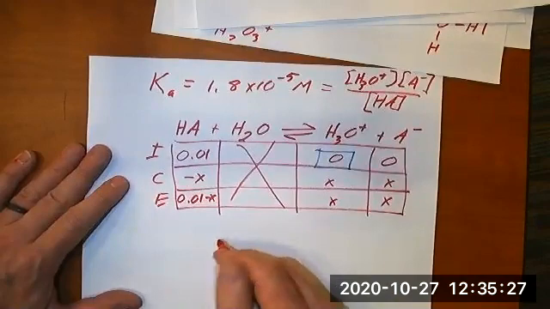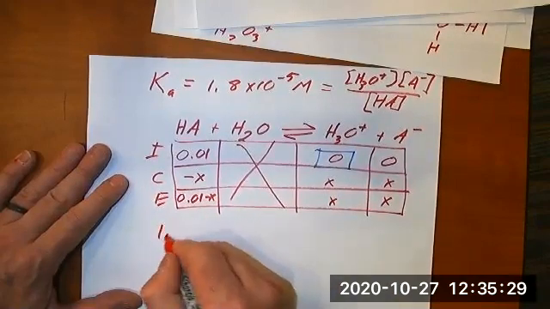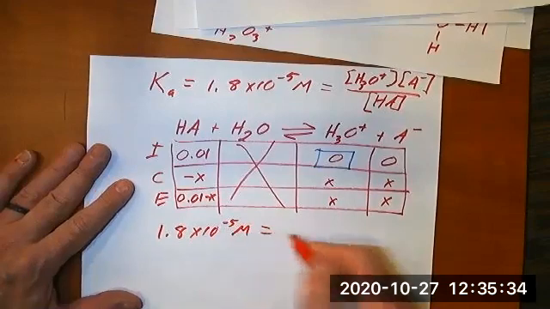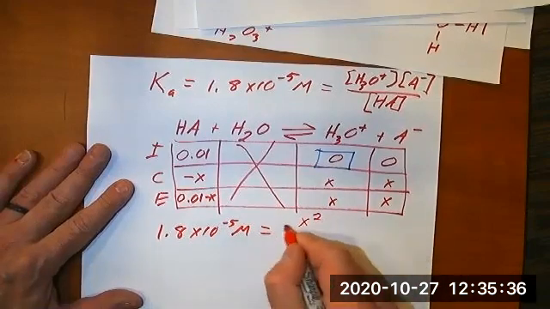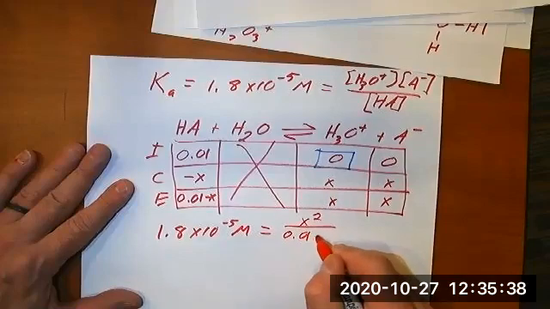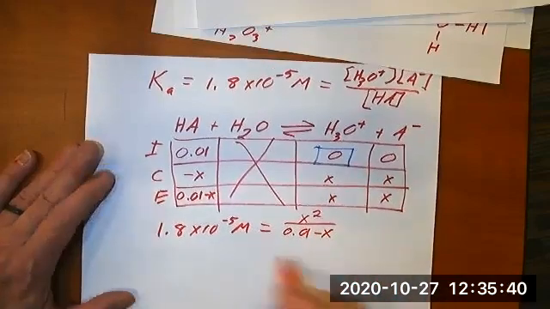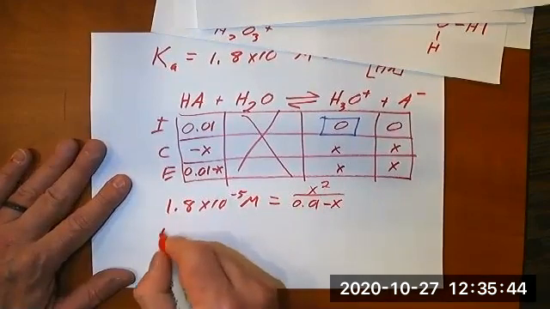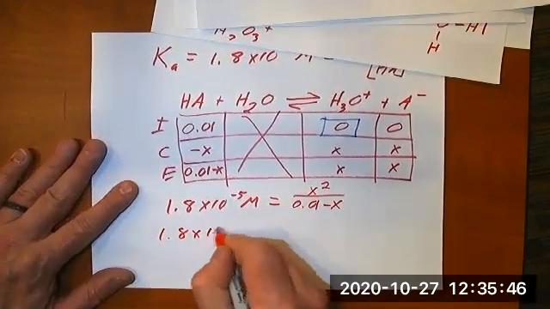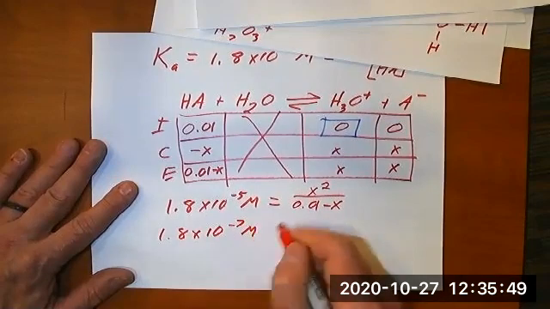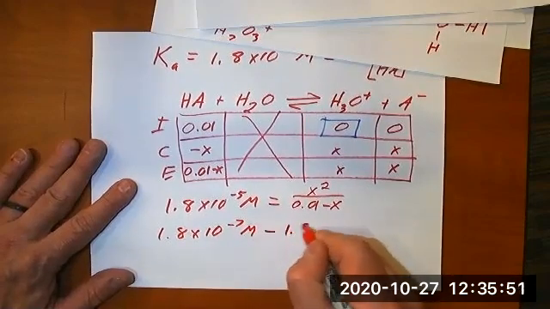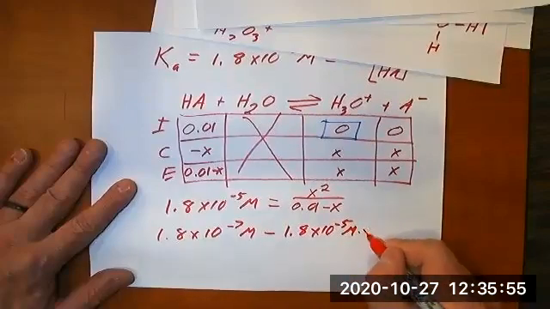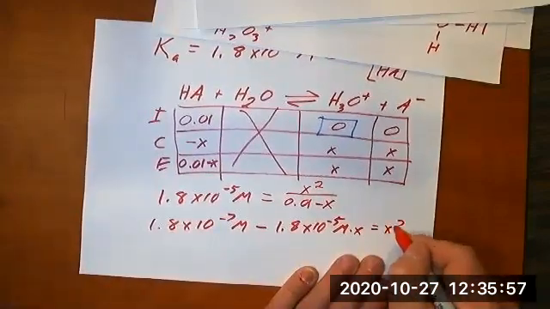And so we have now our Ka of 1.8 times 10 to the minus 5 molar equals X squared over 0.01 minus X. We can multiply this through and have 1.8 times 10 to the minus 7 molar minus 1.8 times 10 to the minus 5 molar times X equals X squared.